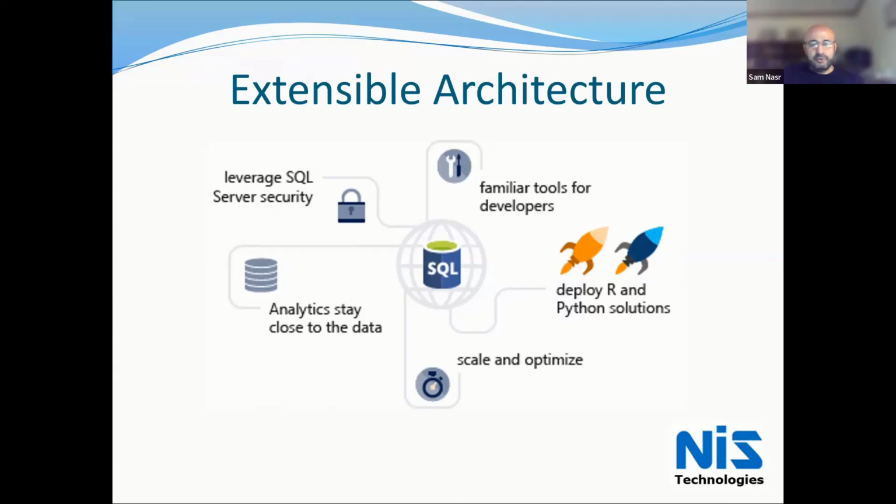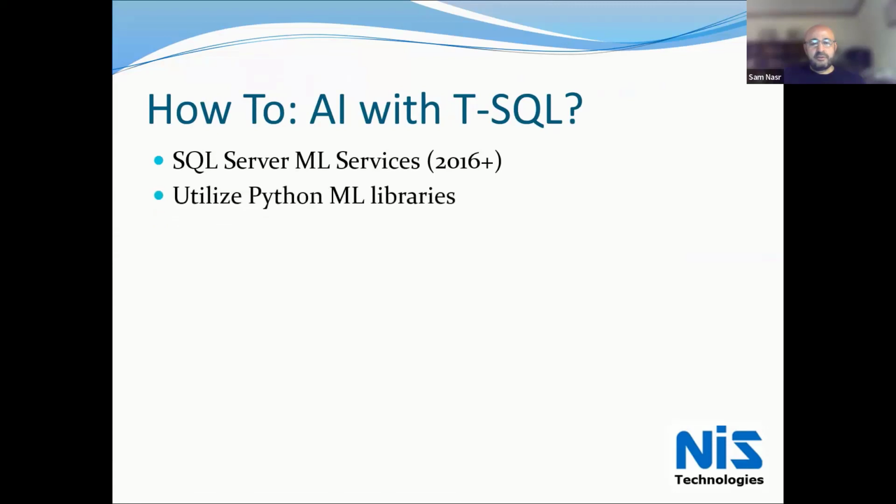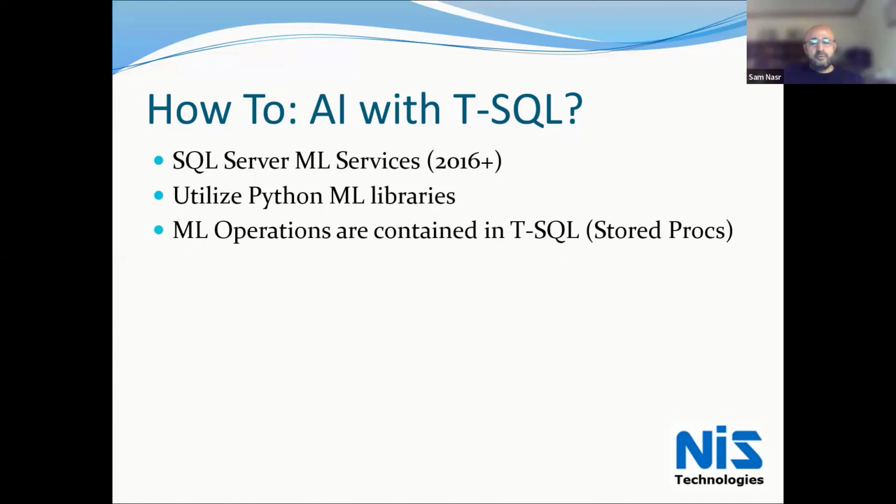Now, how do we actually do it? First of all, you would need SQL Server 2016 or later, and you would need ML services or machine learning services. In addition, you would need to utilize Python machine learning libraries, which would be a separate installation process. And then we implement these ML operations using T-SQL or in stored procedures.